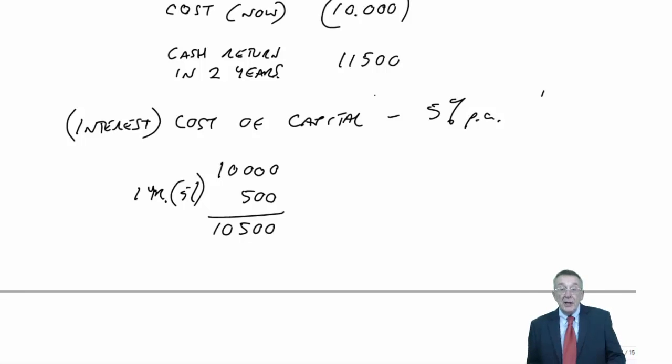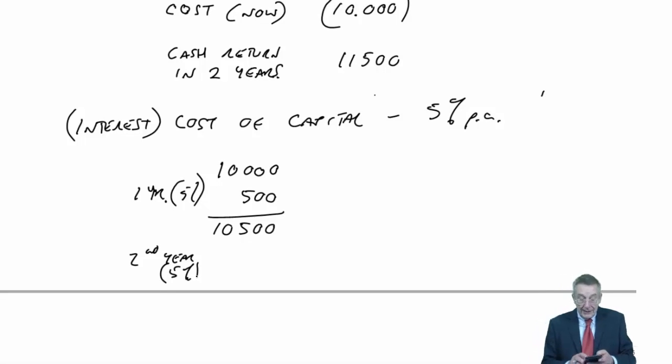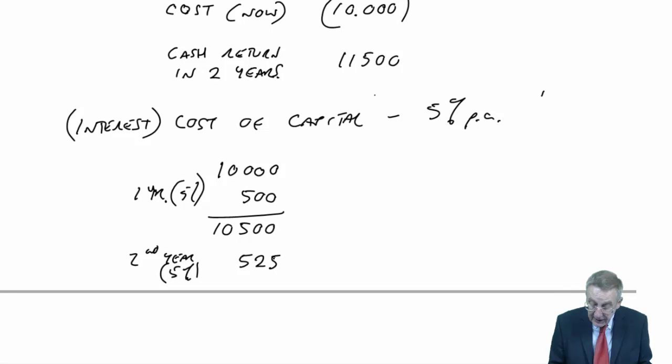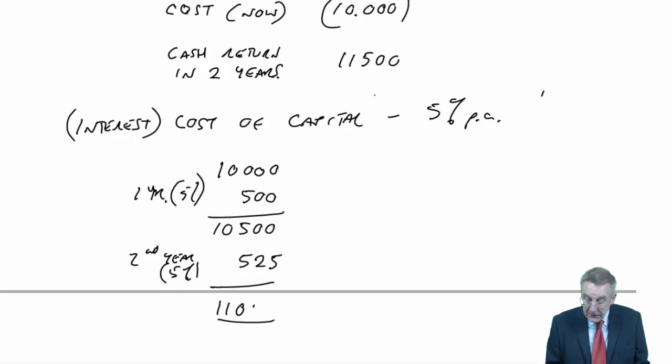But we're having to wait 2 years before we get any money back. So the second year, there's another 5% of 10,500, so the interest of 525. And therefore, at the end of 2 years, you'd be owing 11,025.